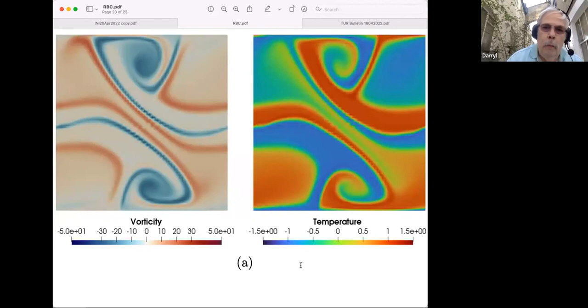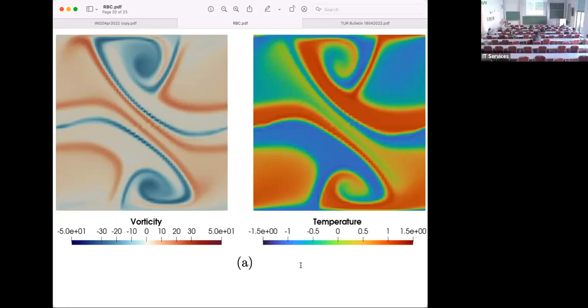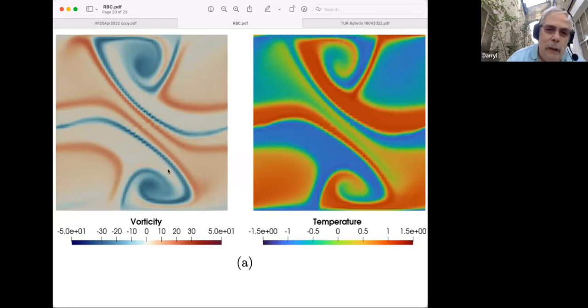How about this? Are these beautiful? Can you see them? Yes, we do. Okay, so on the left is the vorticity, which started out as a 2x2 patch of sines and cosines. And on the right is the temperature, where the warm colors are warm and the cold colors are cold.